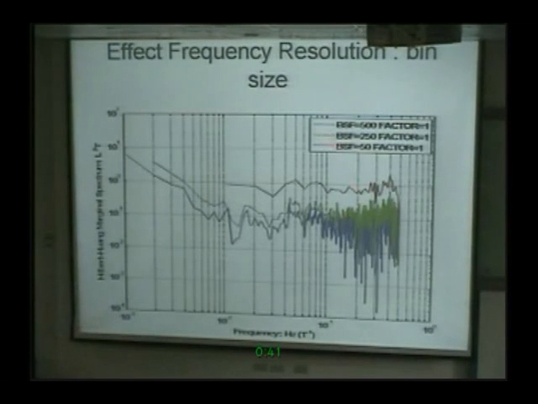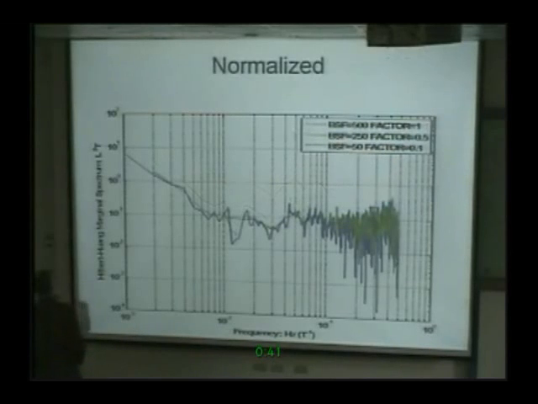So if you have an effective beam size of 50, beam size of 250, beam size of 500, without any normalization factor equal to 1, you have different lines. Now, if you multiply, the ratio of this is 10.